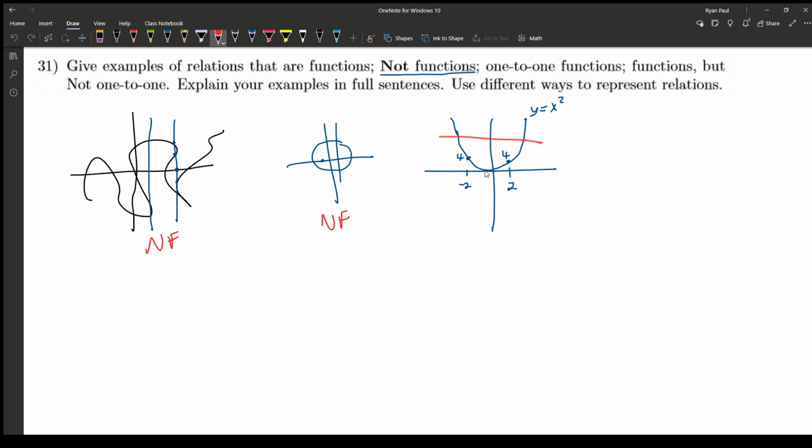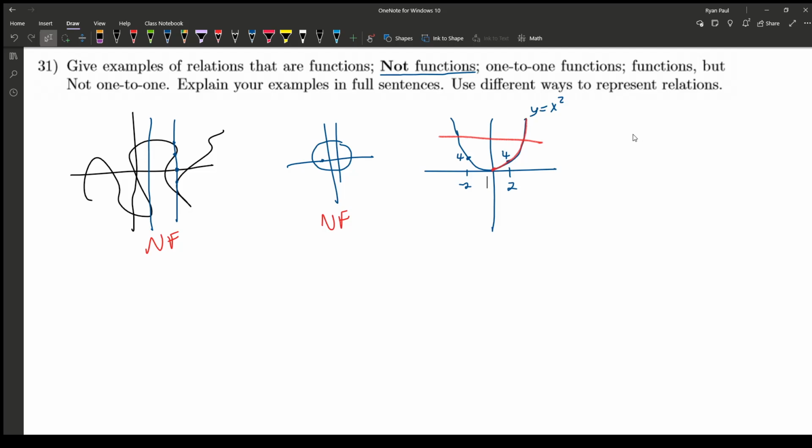Because if we restrict this, if we pretended that this piece didn't exist and we just looked at this piece, now that's a one-to-one function and it passes the horizontal line test, passes the vertical line test, so it is a function, and you could take the inverse of that. All right, so if you restrict the domain, you could take the inverse. In this case, you look at the whole thing, it fails the one-to-one test, which means that for the entire function, it doesn't have an inverse. You'll have to restrict the domain.